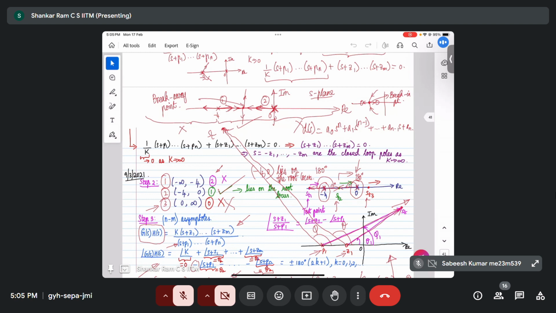One branch starts from 0 and goes to the left. At some point, they need to intersect on the negative real axis, and from there, they branch out into the complex plane. Okay, that is a breakaway point.